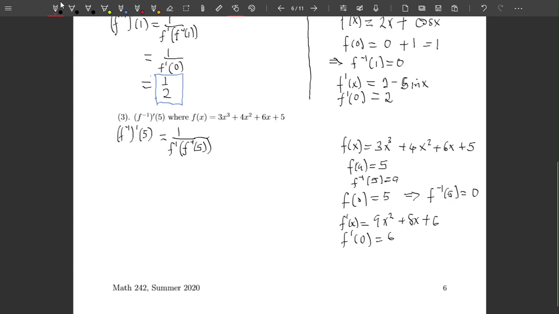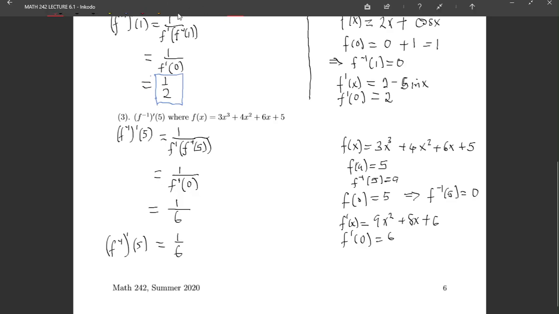We now substitute the values inside the formula. So doing that gives me 1 over f prime of f inverse of 5, which is 0. So I'm going to have 0 here. And the last substitution I'm going to make is f prime of 0, which is 6. That tells me that in conclusion, my f inverse prime of 5 for the function defined above is 1 over 6.